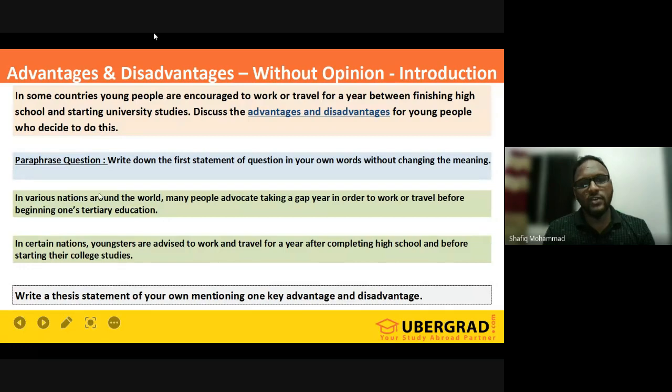So in various nations around the world, many people advocate taking a gap year in order to work or travel before beginning one's higher education. Then in certain nations, youngsters are advised to work and travel for a year after completing high school and before starting their college studies. Okay, it's that very simple.